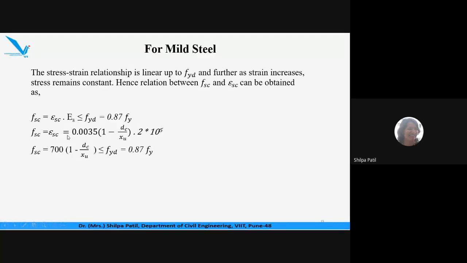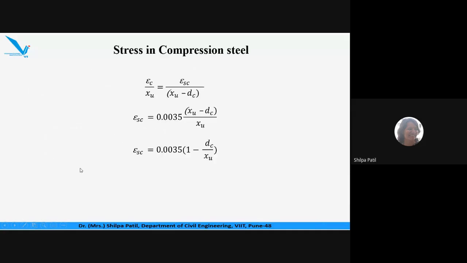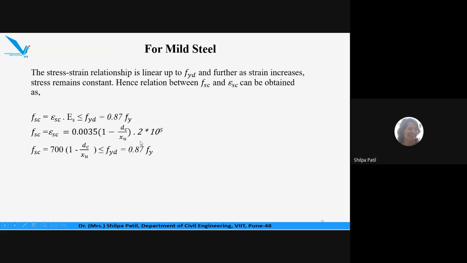So let us put the value of epsilon sc, which we calculated in the earlier slide, 0.0035 into bracket 1 minus dc upon xu, times Es, which is 2 into 10 raised to 5. After simplification, we get the fsc expression as 700 into bracket 1 minus dc upon xu.